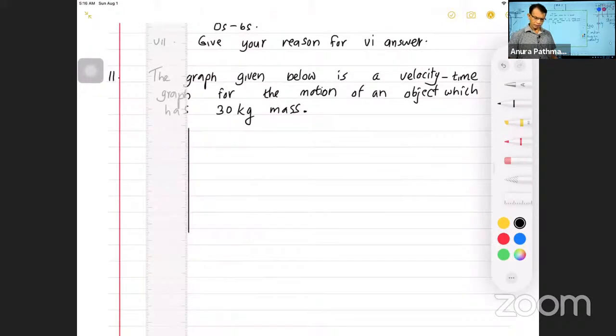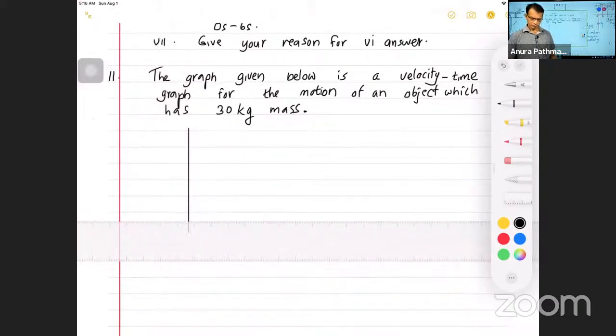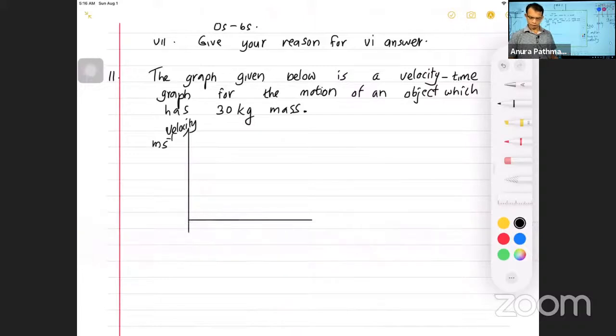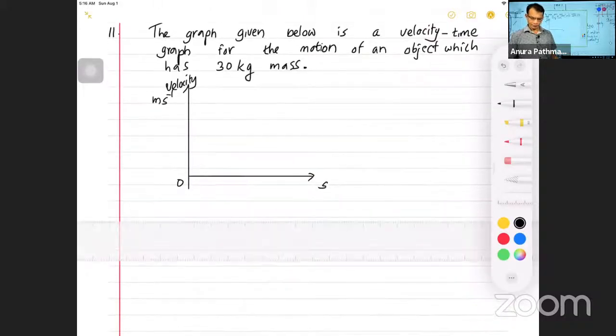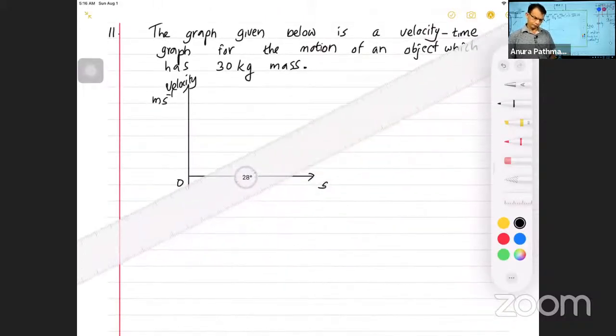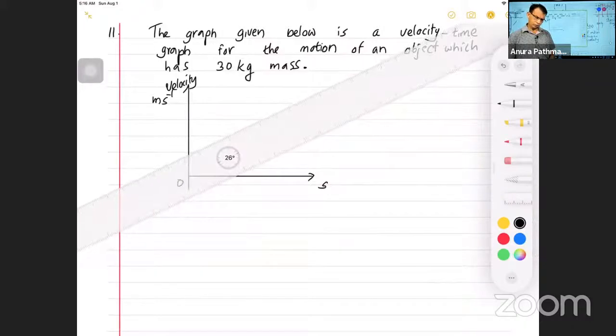Draw a y-axis and an x-axis. So this is velocity, meters per second, and time, seconds, 0.